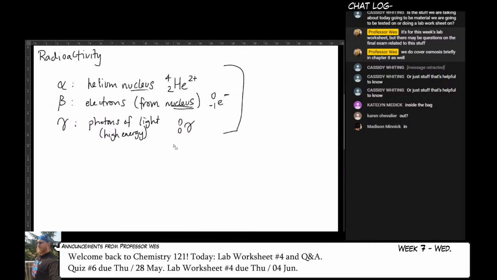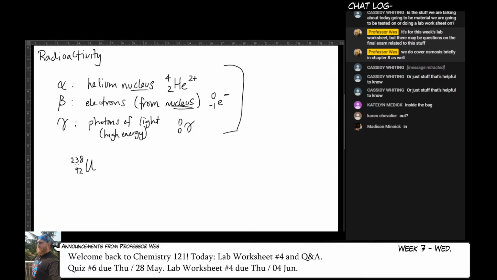What we're going to use this information for now is to try and predict what's going on in the form of a nuclear reaction. So I'm going to just pick uranium because everybody knows about uranium. Uranium has an atomic number of 92, which you can see on the periodic table. It's element number 92. And a particular isotope of uranium would have some number of neutrons in it.